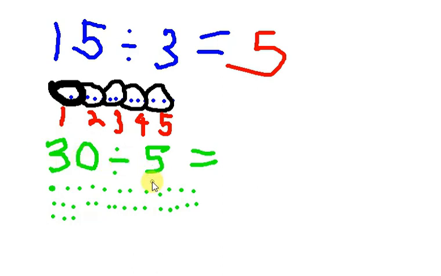Now note that to get the answer, it means that we would have subtracted 5 consecutively until we are left with none of the 30 elements.